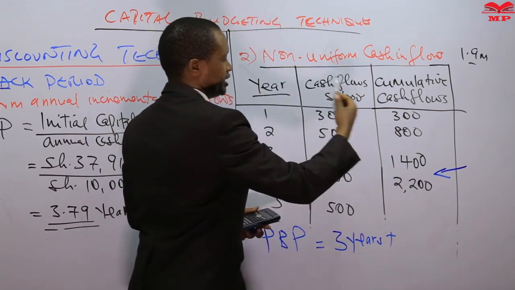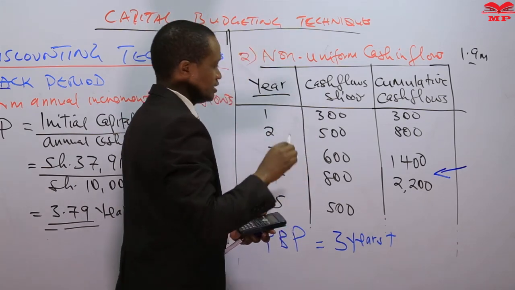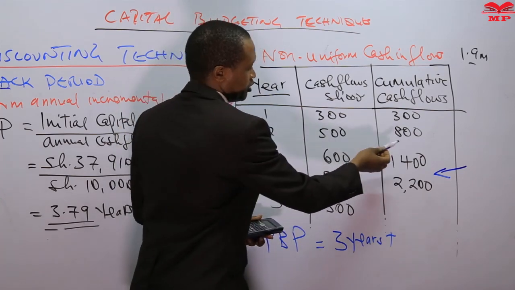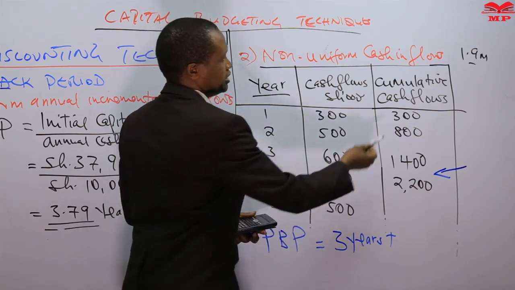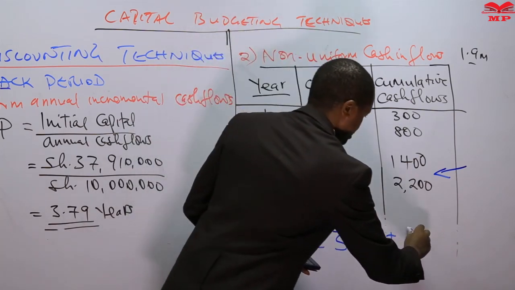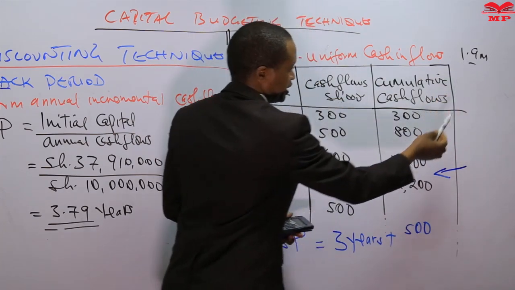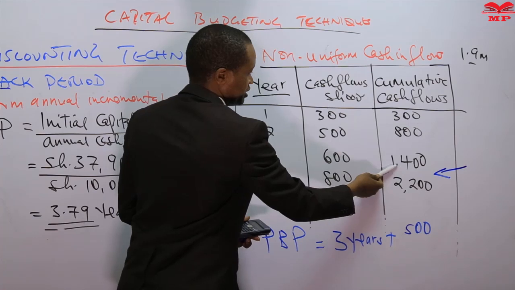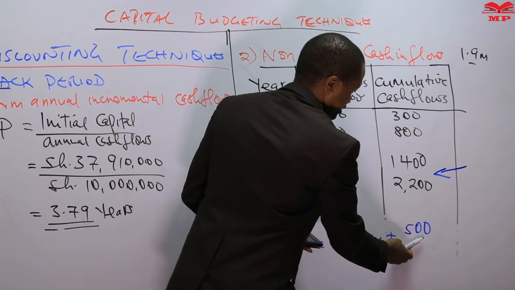So by the end of year 3, that is 31st December of year 3, the company will have generated 1.4 million and the balance will be 1.9 million minus 1.4 million, which is 500,000. That is the initial capital minus what will have been raised at the end of year 3. When you deduct, you have a balance of 500,000.